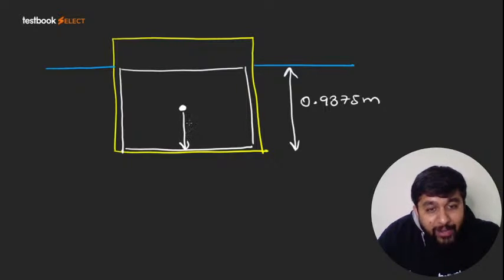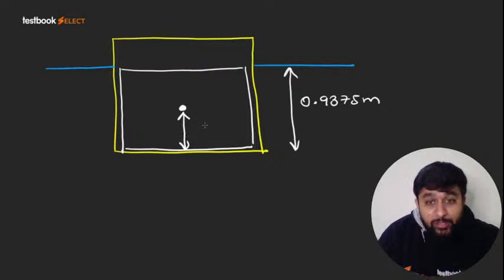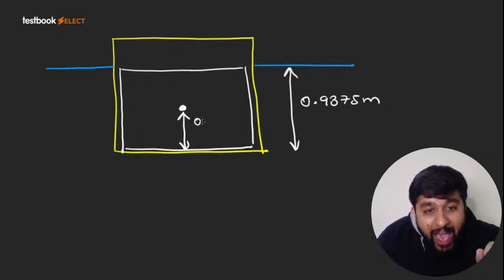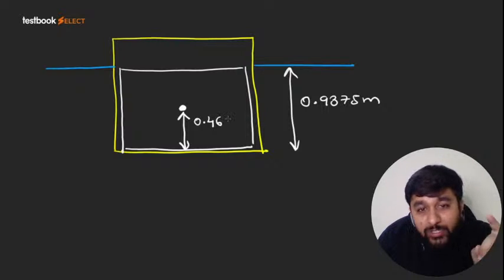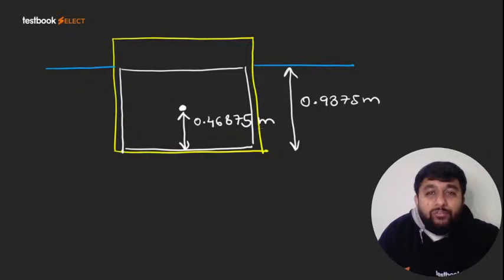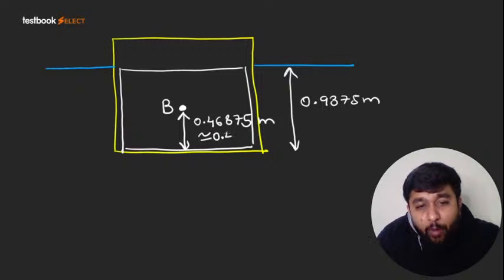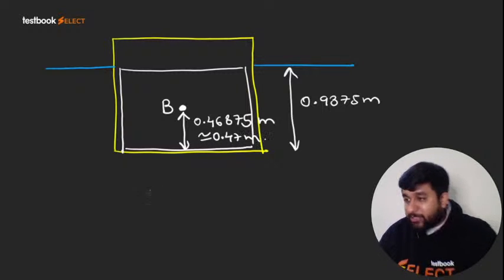That will be at half of 0.9375 meters from the base, which is 0.46875. This is the height of the center of gravity of displaced fluid from the base of the body. The center of gravity of displaced fluid is called center of buoyancy. So let me take it as 0.47 meters only, from the base.